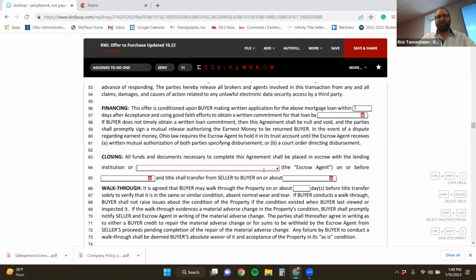Yeah, so my personal practice is to just make the funds date the same as our closing date, because we know that the lenders are going to take it up to the last second, and then they're going to send their docs over to the title company, and they're going to have to balance their settlement statement with the lender settlement statement.